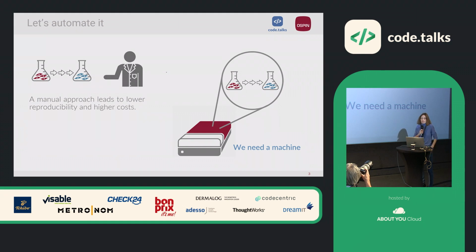And also, a manual approach usually leads to higher costs compared to an automated process. On top of that, we believe that biologists should really concentrate on the biology and not on, again, pipetting stuff, doing manual work and so on. They should really have the time to concentrate and to think about a bioprocess, what they want to do, and to develop that idea, and not, again, pipetting all day.